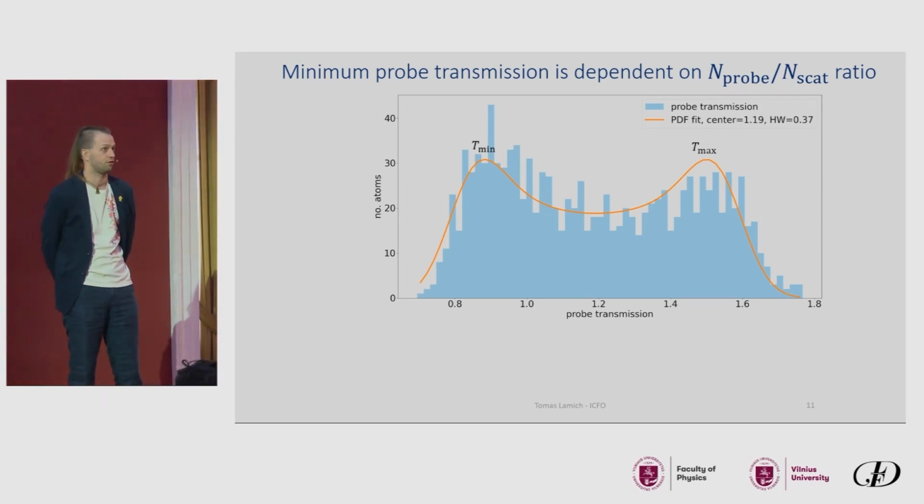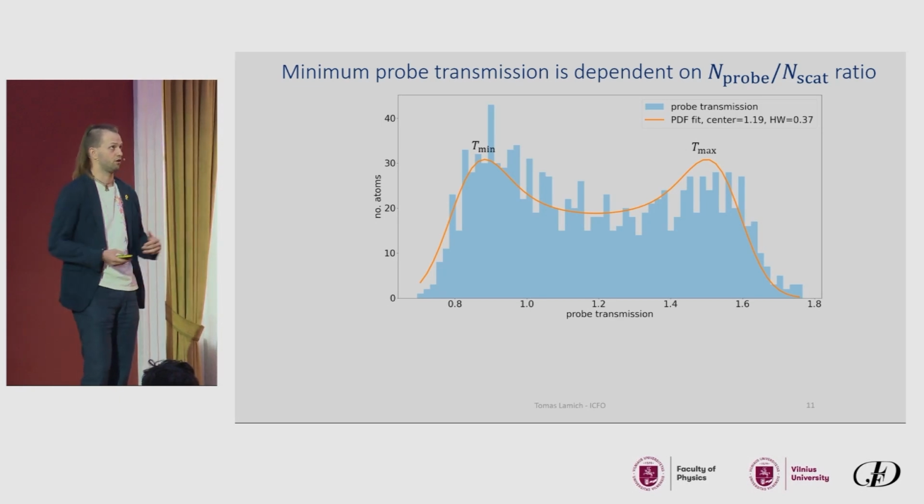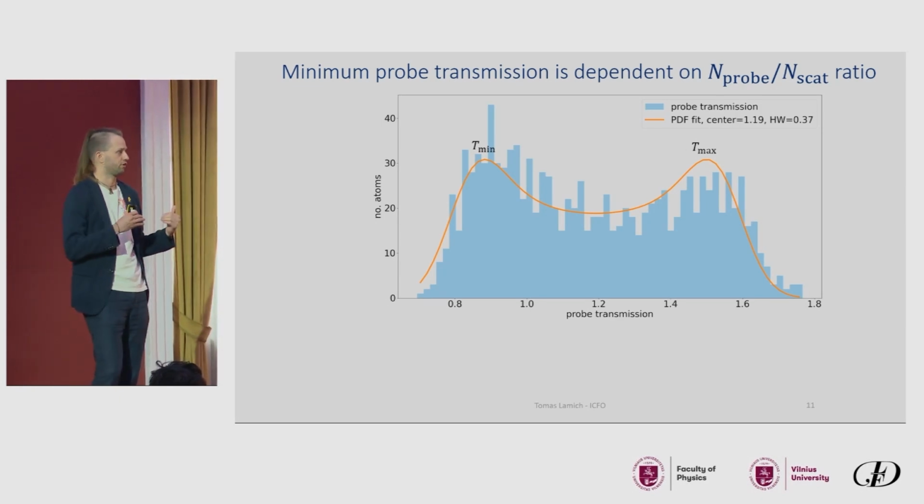Sure. This is simply that you get the arcsine underlying distribution from the interference.